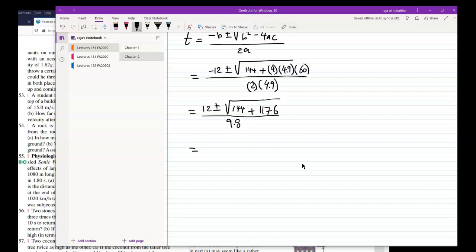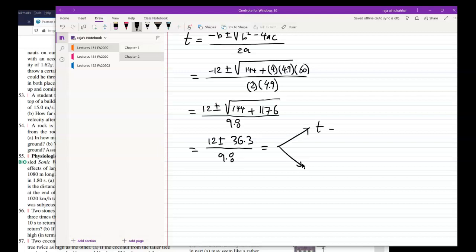And then, as you can see, we have 2 answers here. Let me just simplify this root. So I have here 144 plus 1176. Answer, take the square root of that. Answer 36.3, divided by 9.8. So here we have 2 answers.